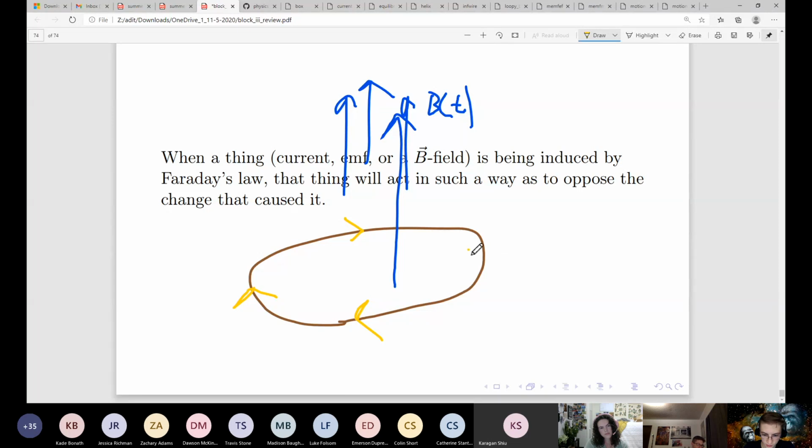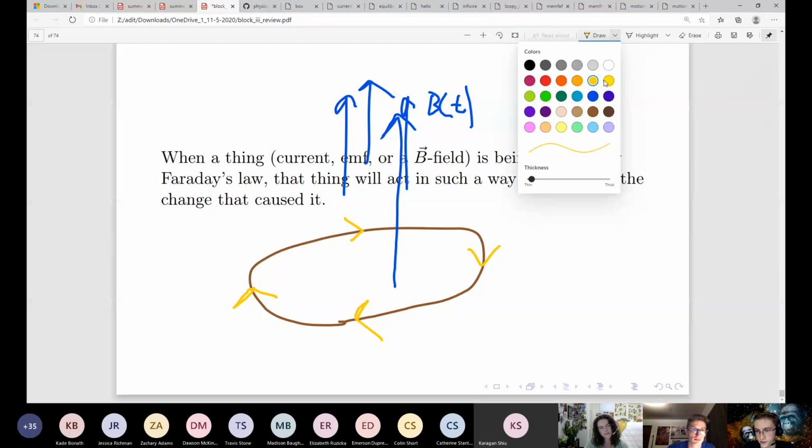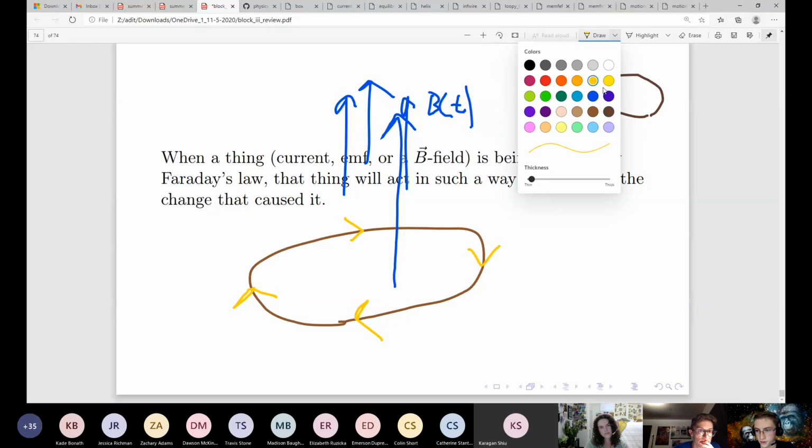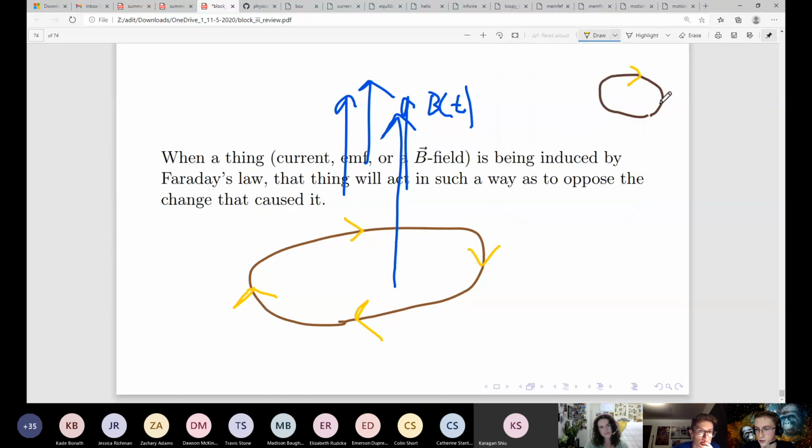The reason being, if we consider the B fields that current loops by themselves create, if we just forget this whole example, for instance, and just look at a completely unrelated current loop in space that has a clockwise current, the B field from that current carrying loop is going to be pointing into the page if we use our right-hand rule.